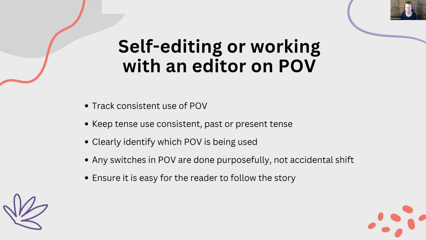Clearly identify which point of view is being used. And that's a lot of what Lila was just talking about, just the different characteristics. And any switches that you make, make sure they're done purposefully and not accidental. And then ensure it's easy for the reader to follow your story.